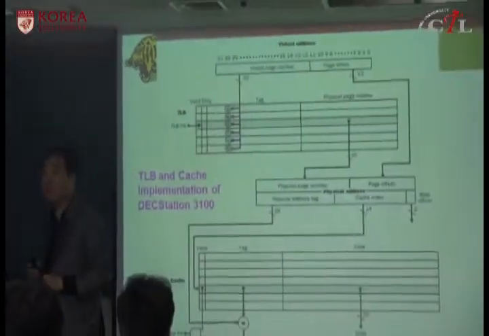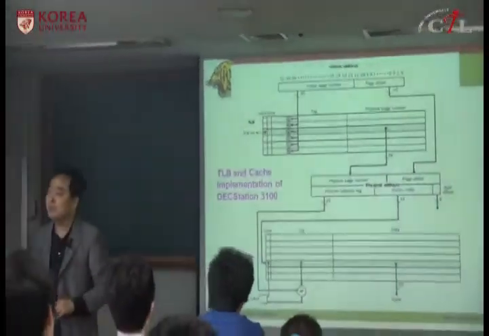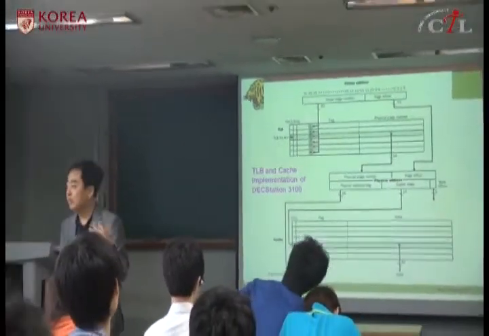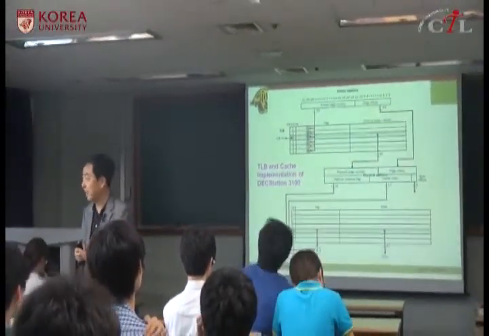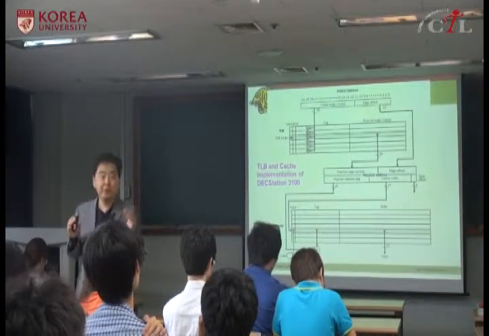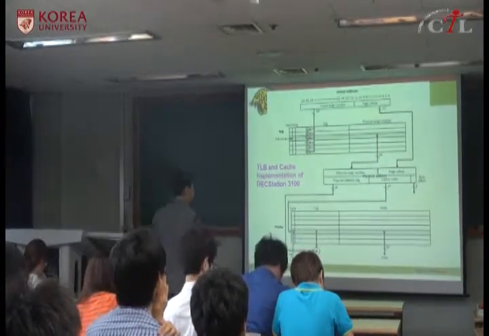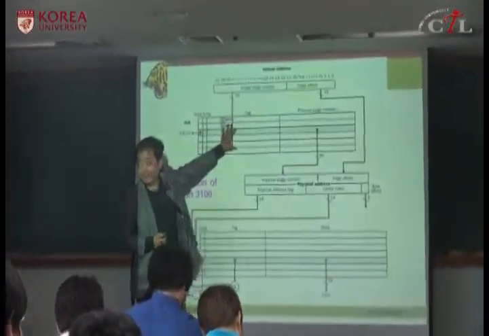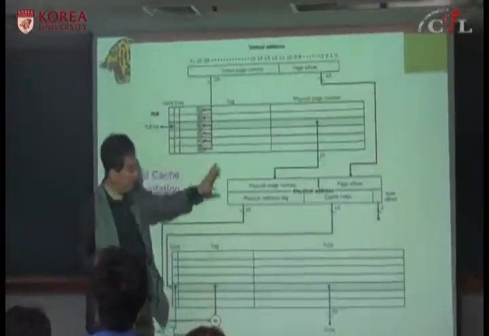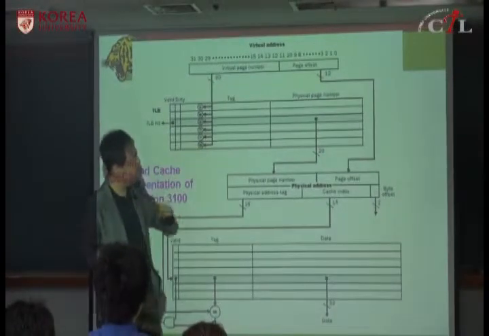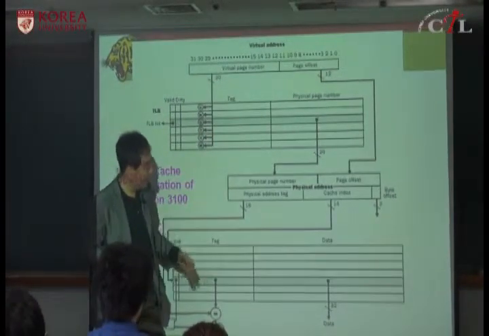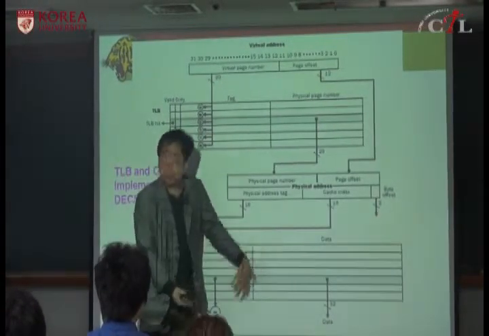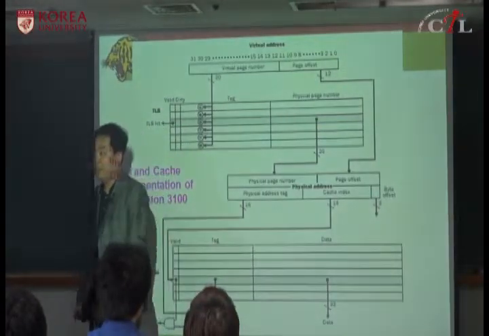So if you look at the Pentium 4 or i7, they all use this kind of technique for the first level cache access. You extract the cache index here, you do the decoding, and at the same time you access the TLB. After you finish the decoding, you get the physical page number, and using the tag, you can do the tag compare in parallel.